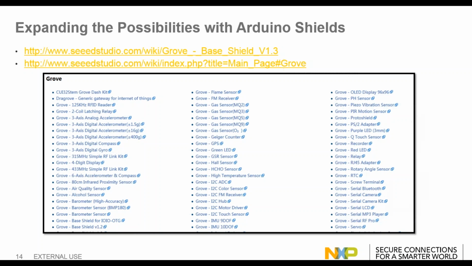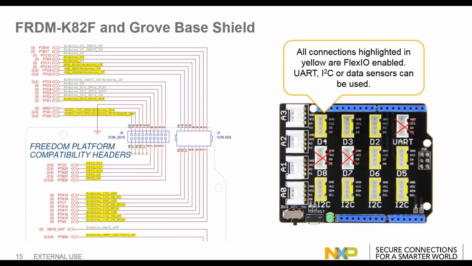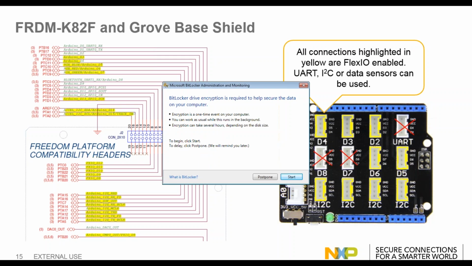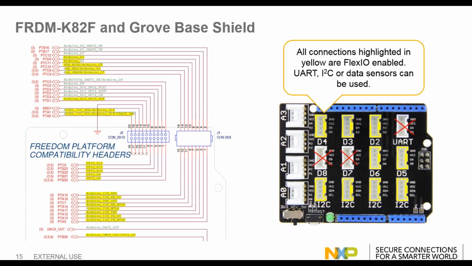So let's have a look at the base shield and where the FlexIO can be utilized. Again, on the left we have the Freedom K82F schematic, and you know the FlexIO goes to very many places, but it doesn't go to every signal on the board. And so what that translates to is this diagram on the right.